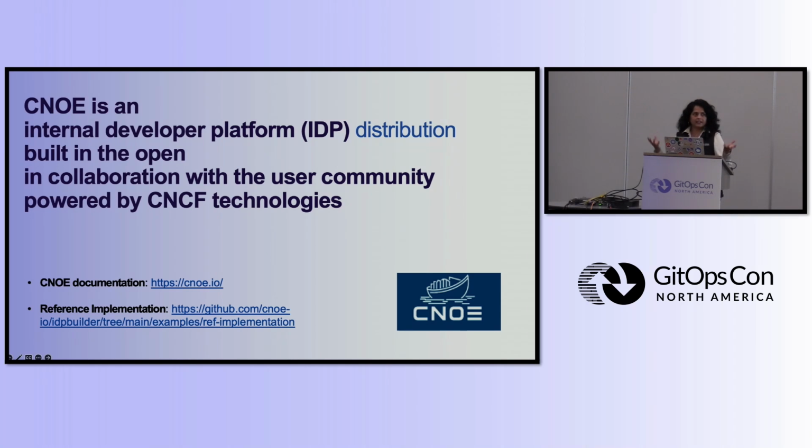We have created tooling around that which offers a pre-configured developer platform that you can set up very quickly. You can learn more in the Canoe documentation, and there is also a reference implementation, the second link, where you can see how Canoe is used.